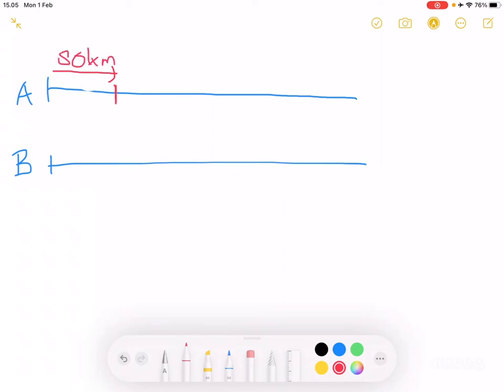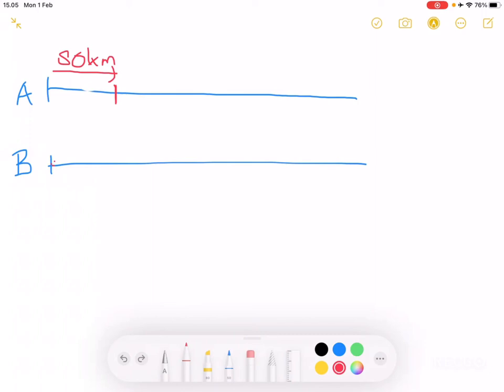So you can just multiply the time and the speed to get this. So B hasn't moved yet, but it will eventually start to move. So keep an eye on this distance right here, and then look for a pattern involving this number right there.